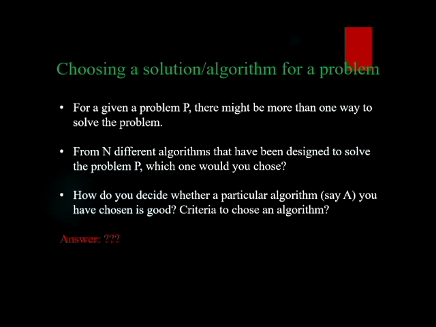I might come up with an algorithm from my perspective, and yours would be different, which means there can be n number of solutions. So the question is, from these n different algorithms, which one would we choose? Or put another way, how do we choose an algorithm A over another algorithm B? Are you getting what I'm saying?